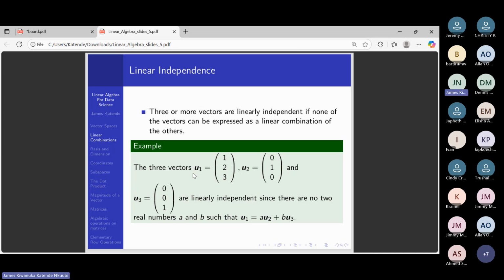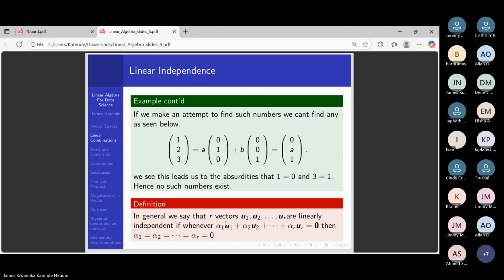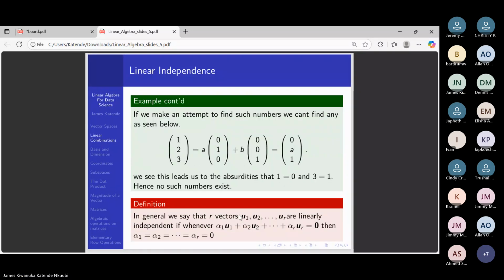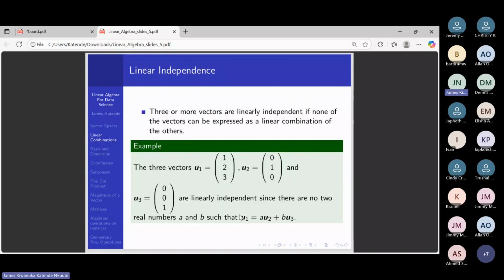So the claim is that we want to check that they're linearly independent. So what we need to show is that it's not possible to write U1, for example, as a linear combination of U2 and U3. So we can check that as follows.